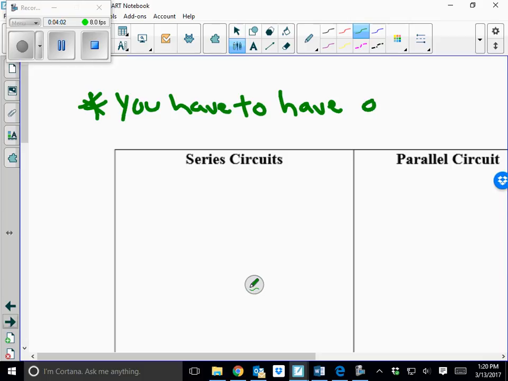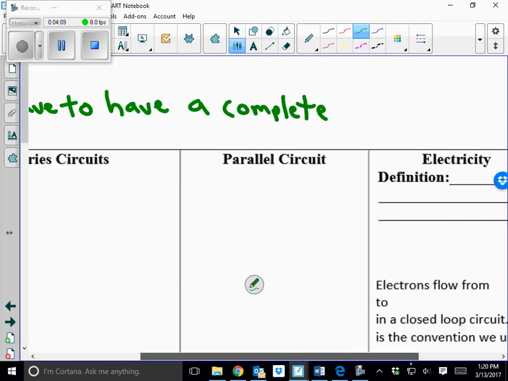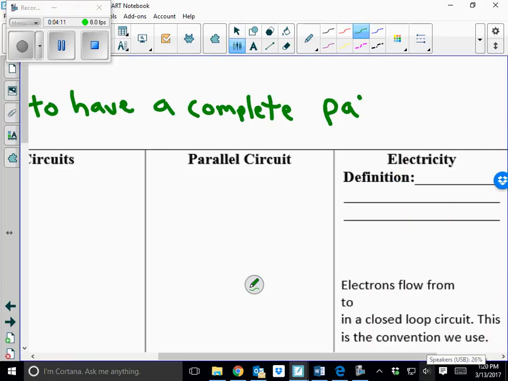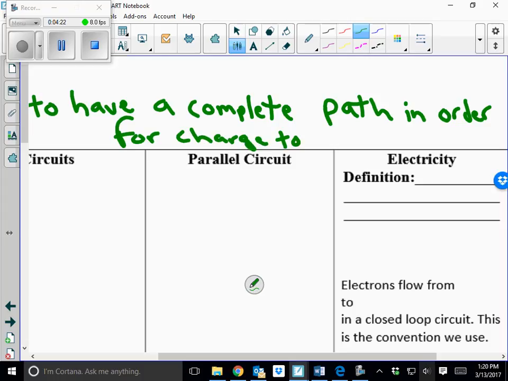So you have to have a complete path in order for charge to flow. And by a complete path, I mean from positive to negative.